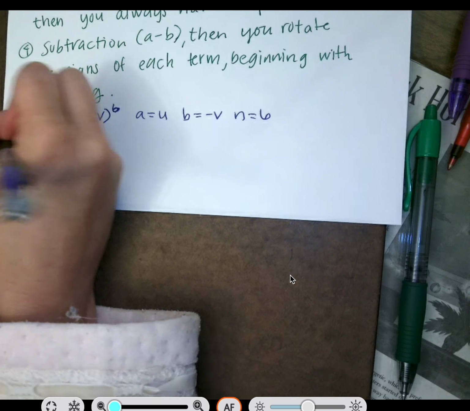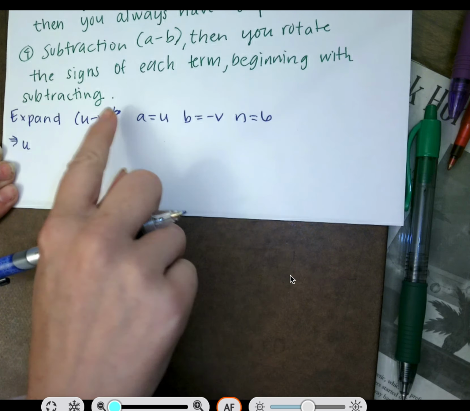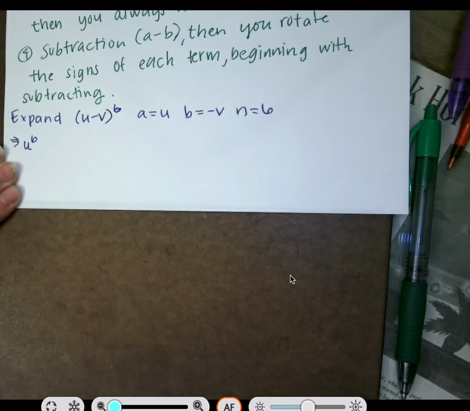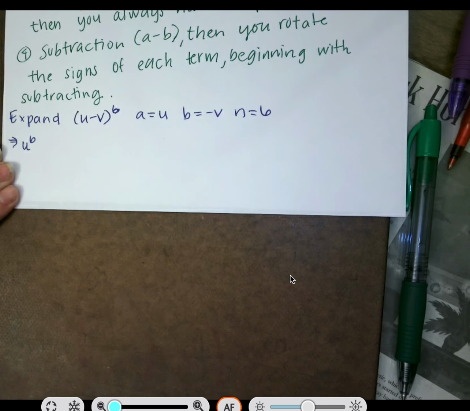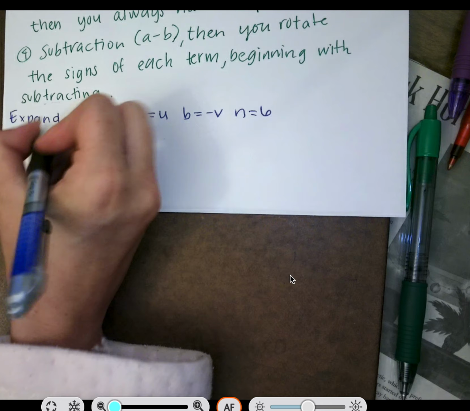So we start out with a, which is u, to our n, times negative v to the 0 power, which is still just 1. Start out beginning with subtracting.